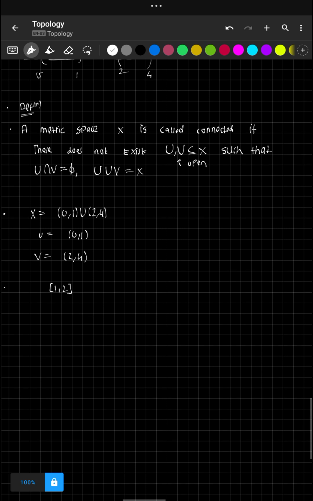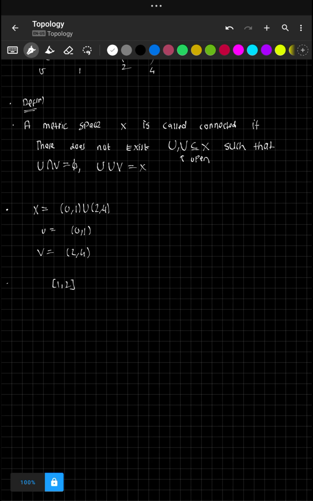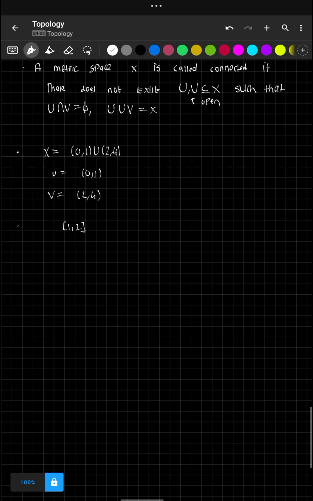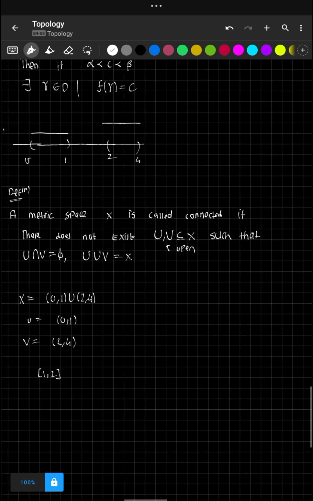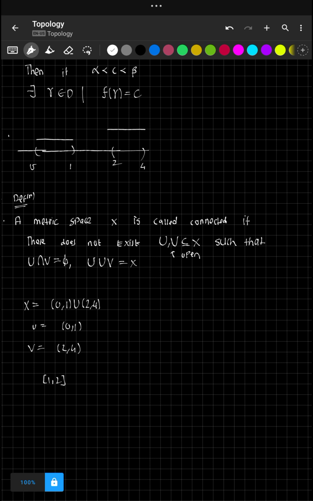As you may have seen already, connectedness is also a property purely generated by the openness of our space, so connectedness is also a topological quantity. If I have not said it already, a topological quantity is just a quantity that depends only on the openness of our space. But I think that should be enough for metric space topology, and from next time we will discuss point set topology.